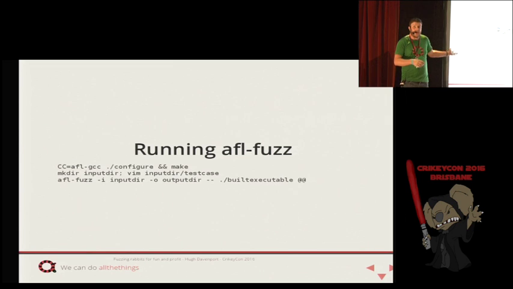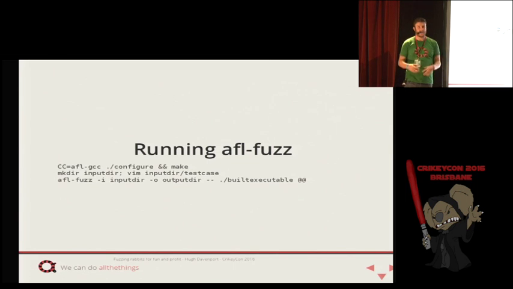So you compile it, you make an input directory, and you make an initial seed. This should be a sort of valid input to the program, but it could just be completely random stuff. And then you just run afl-fuzz, pass it the input directory where all your initial seeds are, and you pass an output directory where it's going to store all the fuzz stuff it's creating and any crashes.